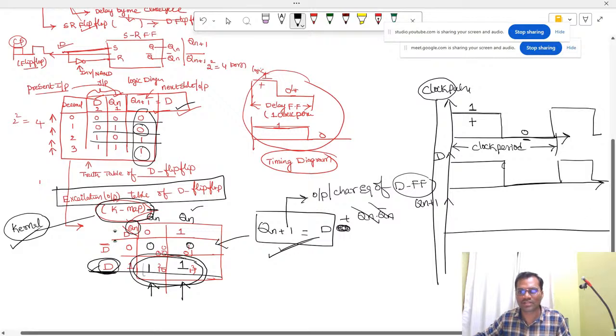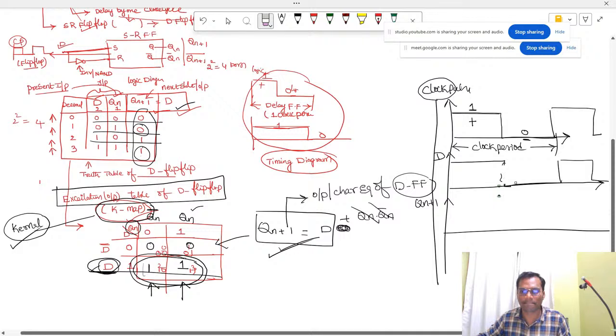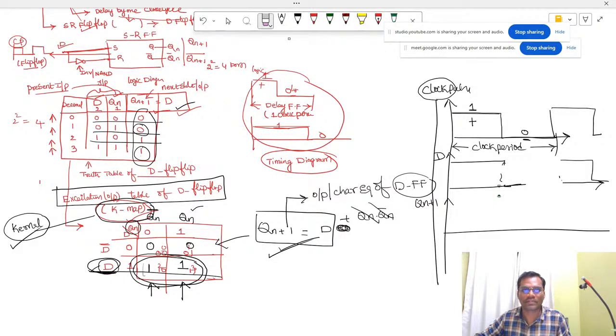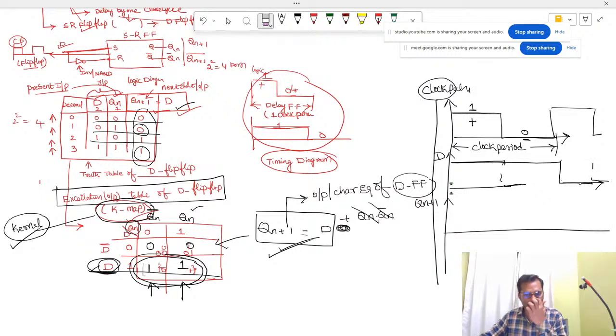Try to draw this extended for one more cycle. It will be delayed like this: it will come and go to 0. So it is delayed by one clock period. What is the equation of Qn plus 1?